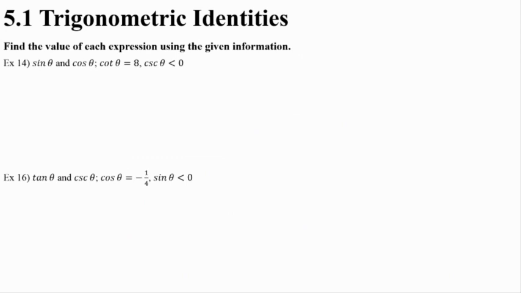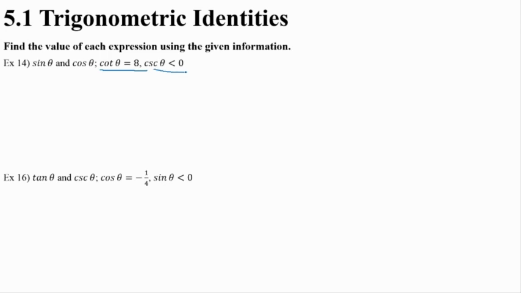So this one is the same, which means find the quadrant first. Okay. So what's the question? Cotangent theta is 8.